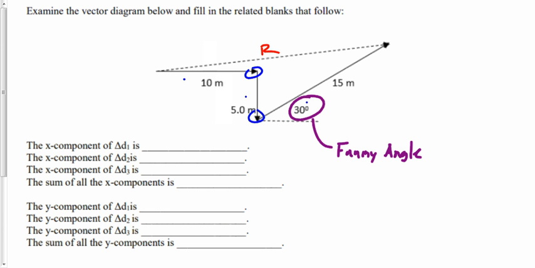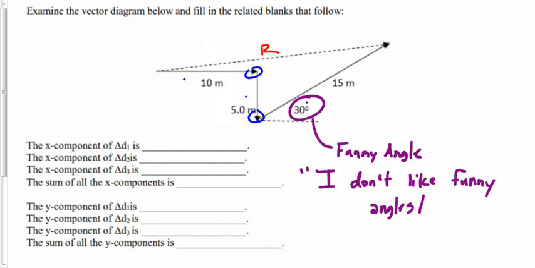Whenever you see a funny angle that is not 90 degrees, not 0 degrees, I want you to repeat 5 words. Got it? 5 words. Repeat after me. I don't like funny angles.